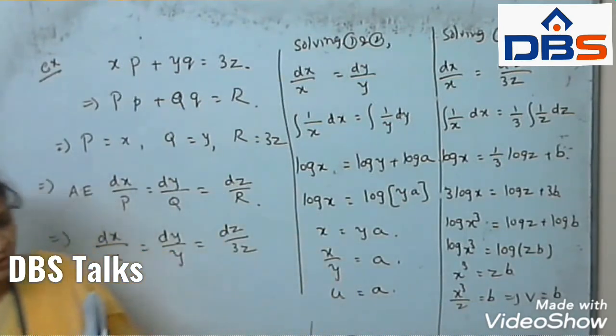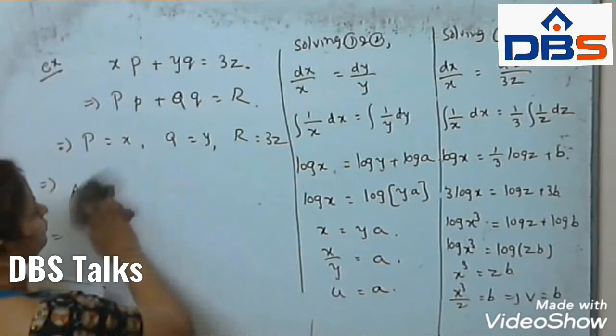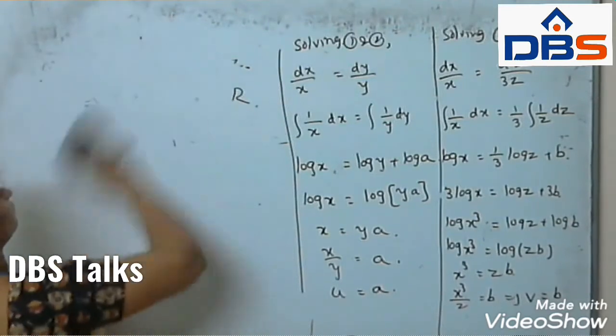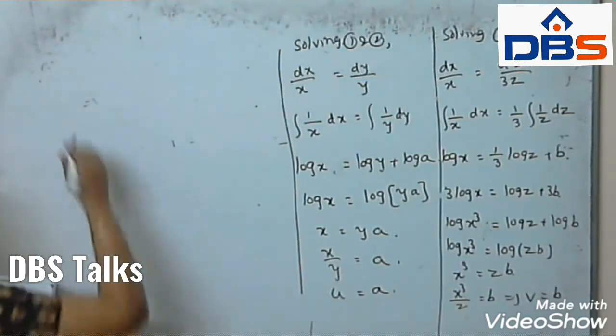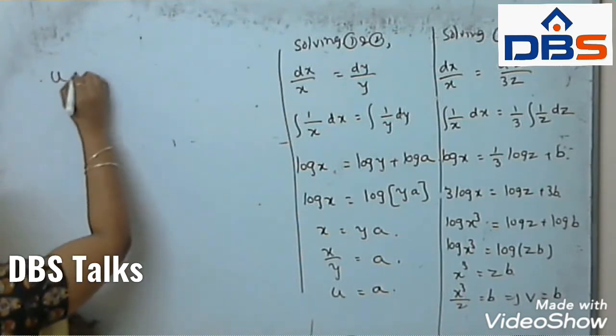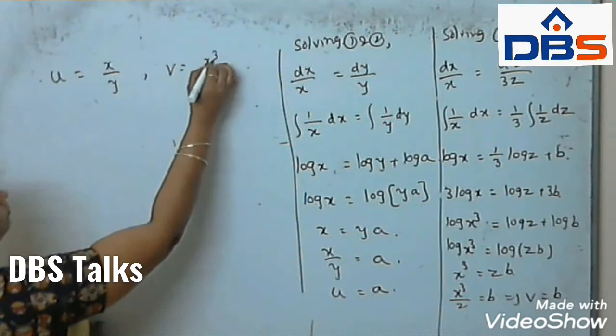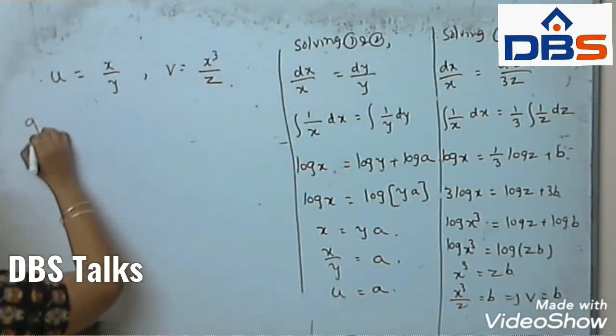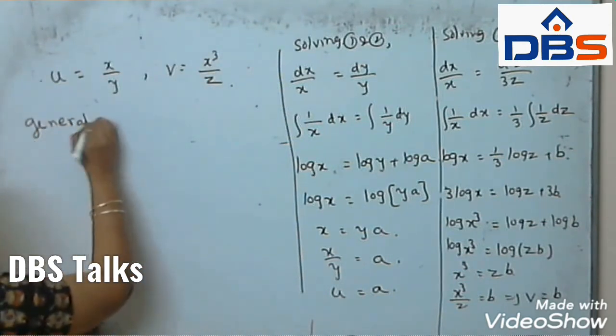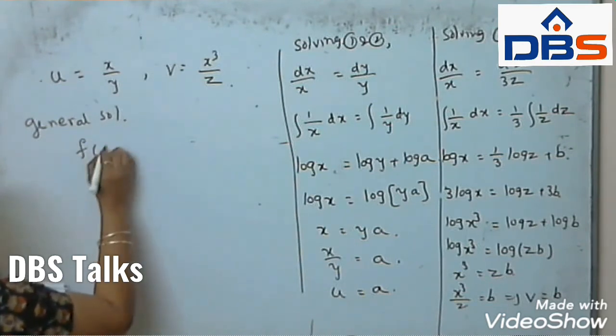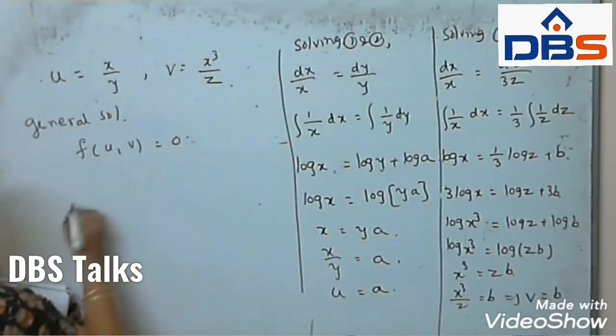So the general solution is: now we got the two functions u equal to x by y, v equal to x cube by z. So the general solution is f of u, v equal to 0.